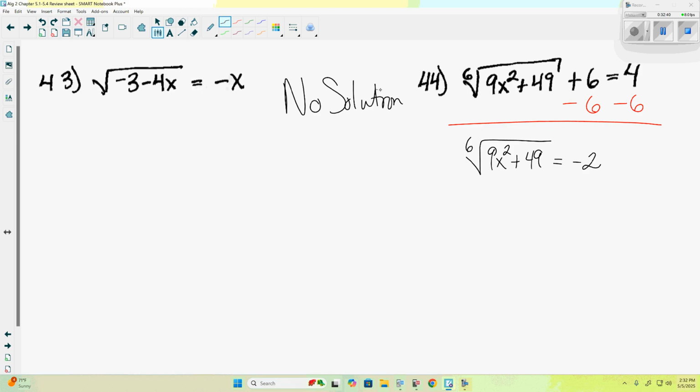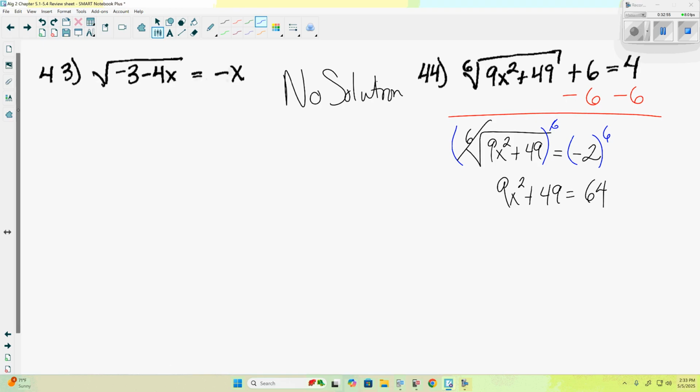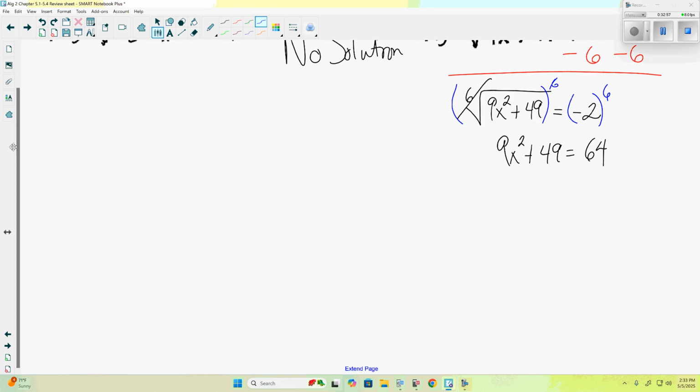Yeah, because if we didn't catch it, I mean, we could keep solving. 6th root and 6th power. Negative 2 to the 6th would be positive 64.